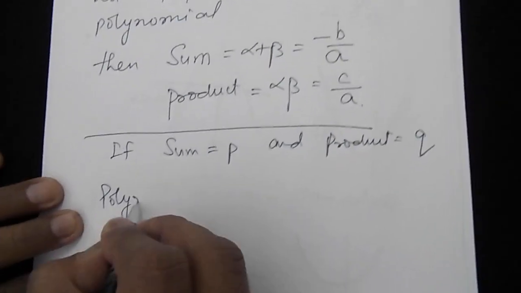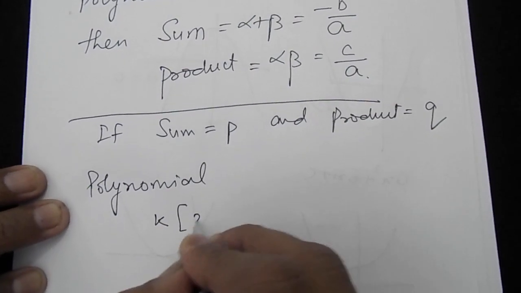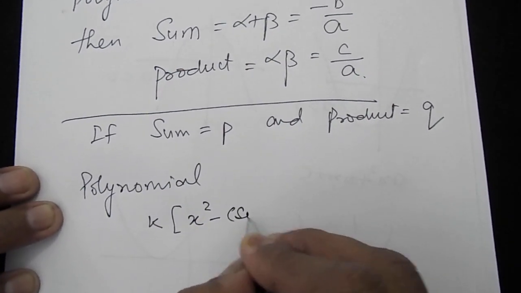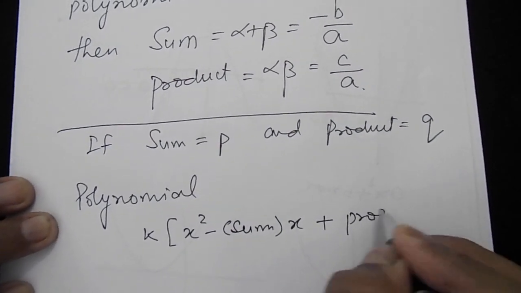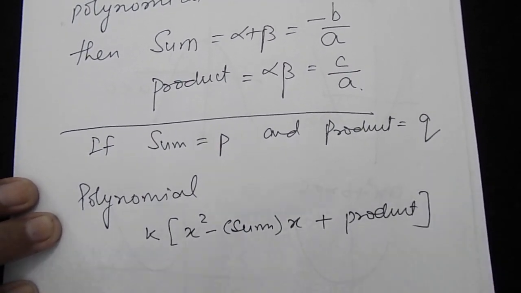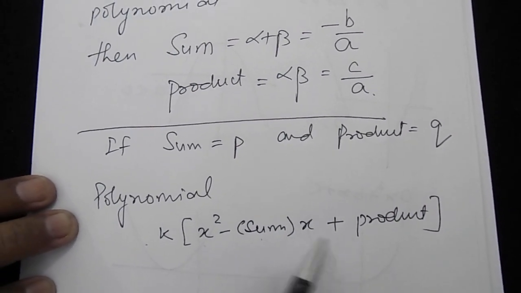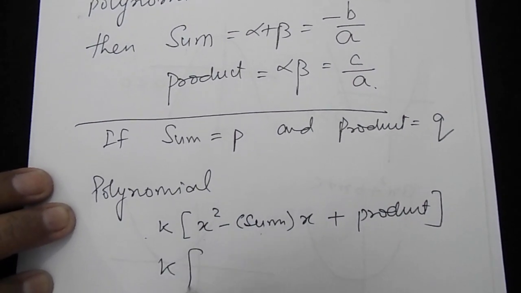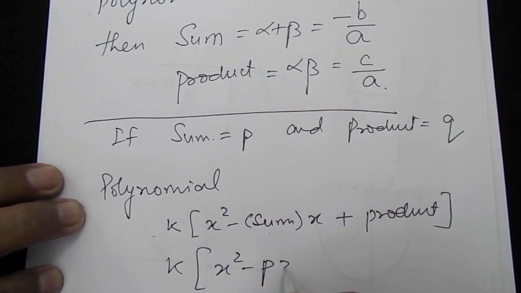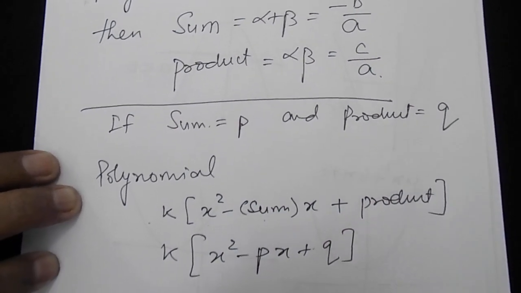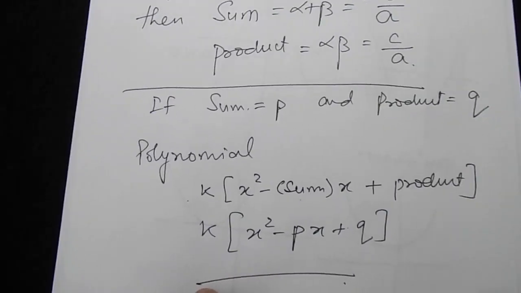The polynomial will be K times x square minus sum of the zeros into x plus product of the zeros. If the sum is P and the product is Q, it is x square minus px plus q. So students, based on these two concepts, we have the next exercise with us.